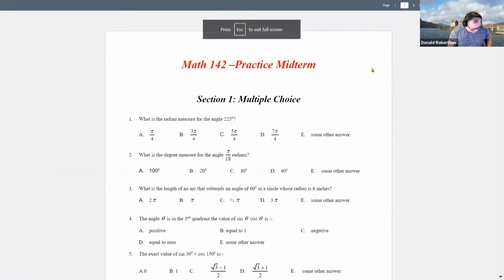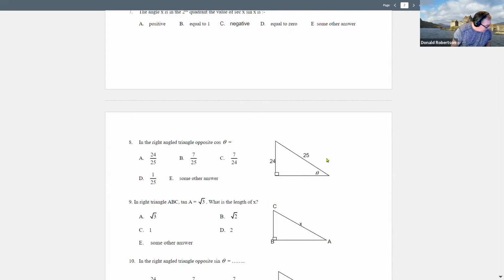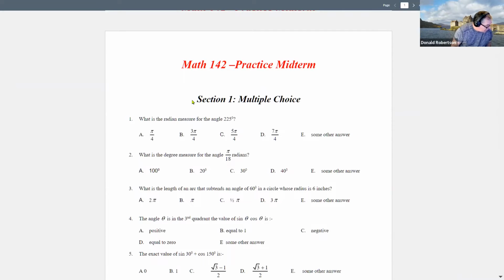So when you turn up for your midterm, it's going to be on a PDF, just like this one. And it's going to have a number of questions. And there are going to be questions which are multiple choice. And when it's multiple choice like this, you just give me the answer, right?